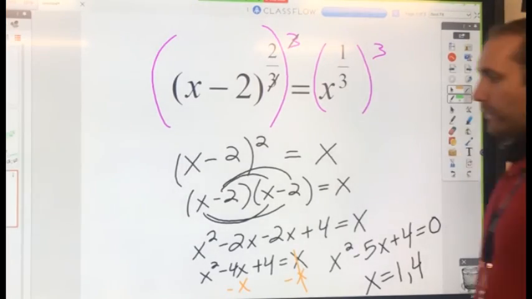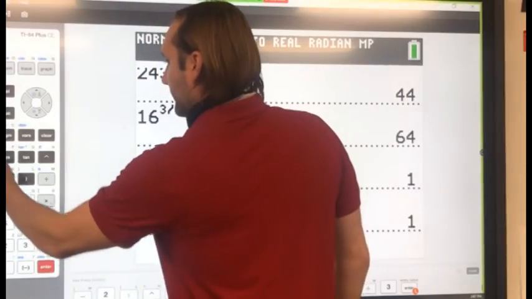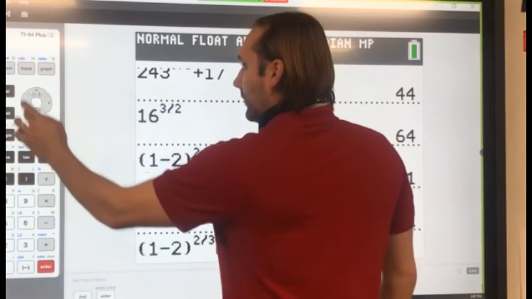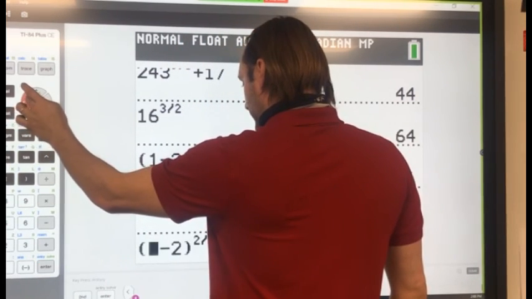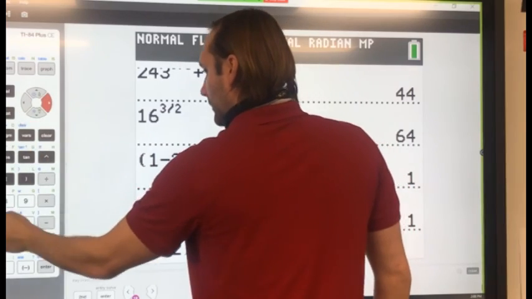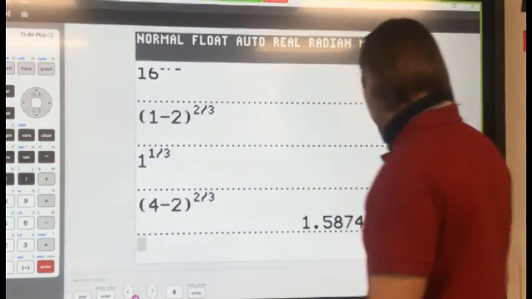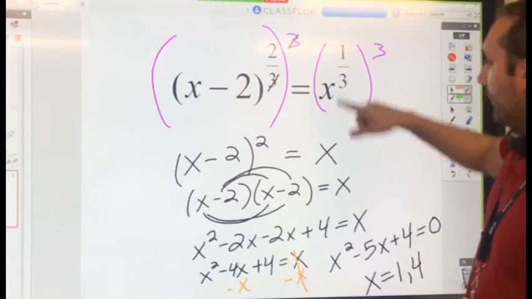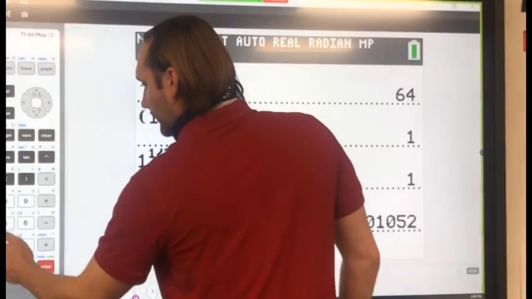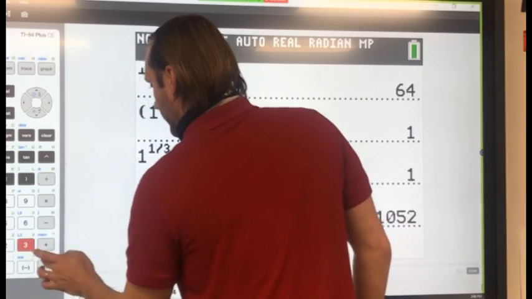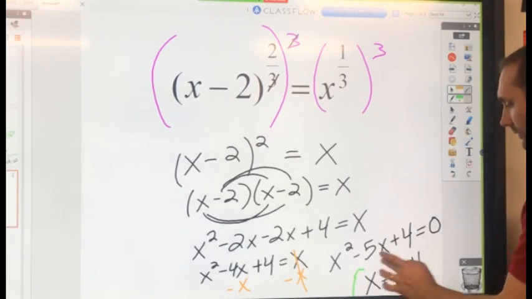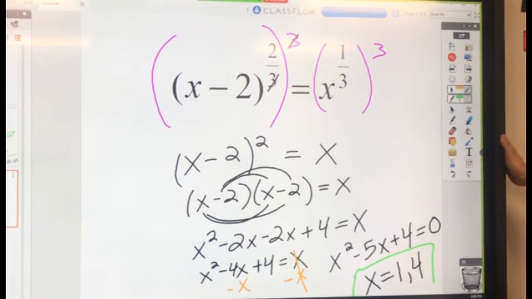Now let's look at 4. So plug in 4 for x. Gives me that decimal. And then 4 raised to the 1/3 power. 4 to the 1/3 gives me the same decimal. So 1 and 4 check out. They both work.